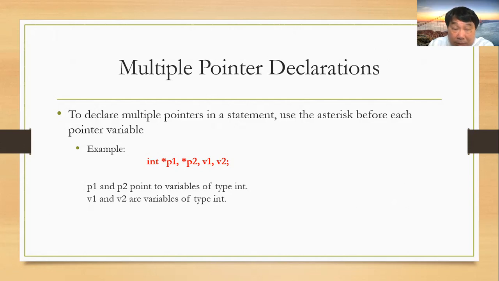All we need to do is type like this, and attach an asterisk to the pointer variables. After this declaration, P1 and P2 point to variables of type integer, and V1 and V2 are variables of type integer. So this is how you can declare multiple pointers with just one statement.